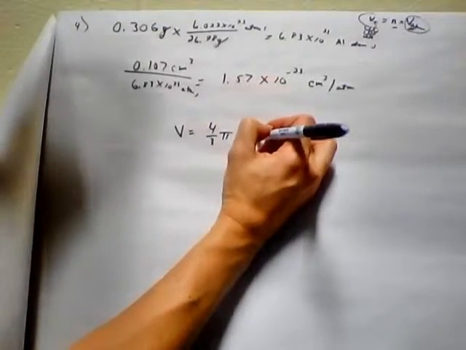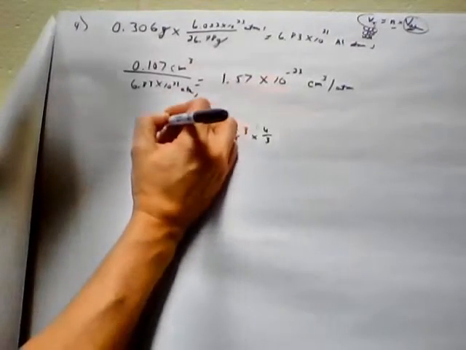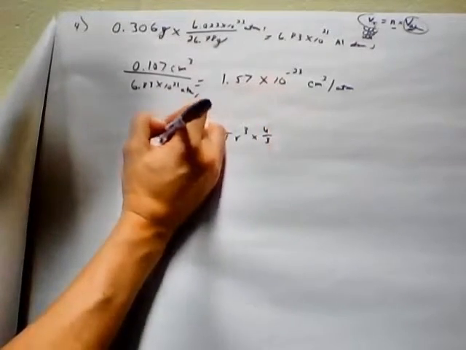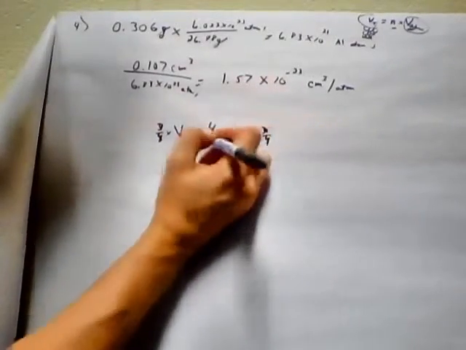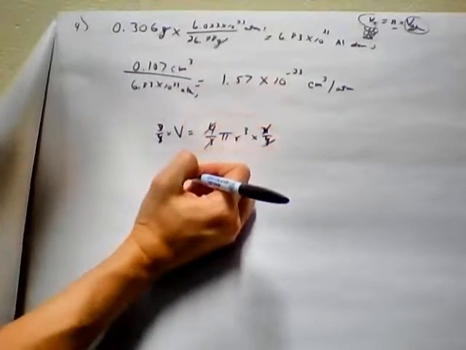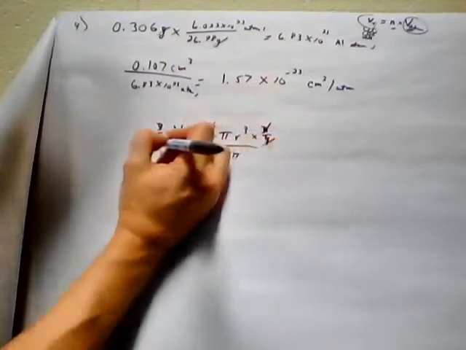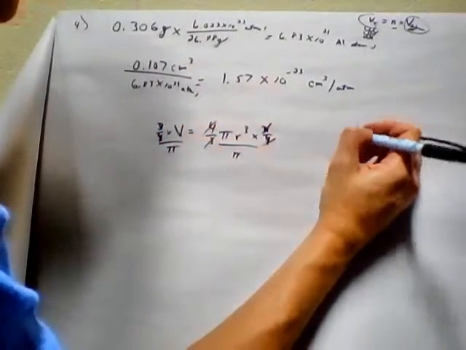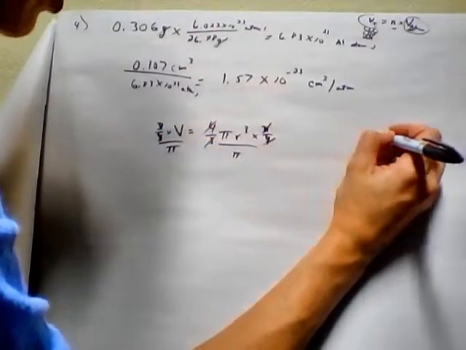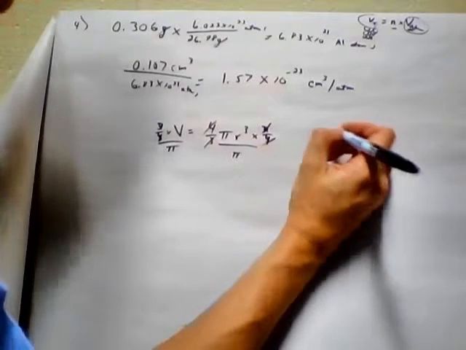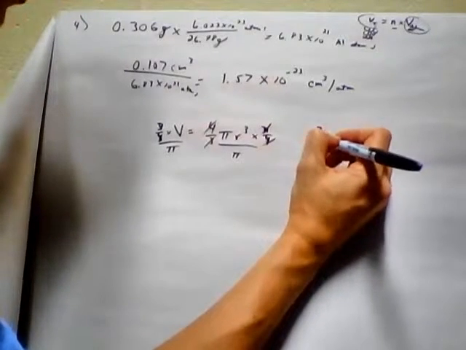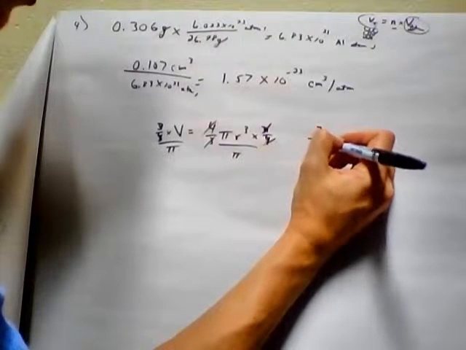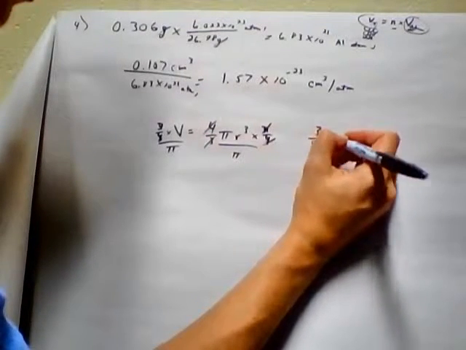First I'm going to multiply both sides by 3/4, and the 3 and the 4 cancel. Then I'm going to divide both sides by pi. So my equation is r cubed is equal to 3/4, with the pi next to the 4 in the denominator, times V.